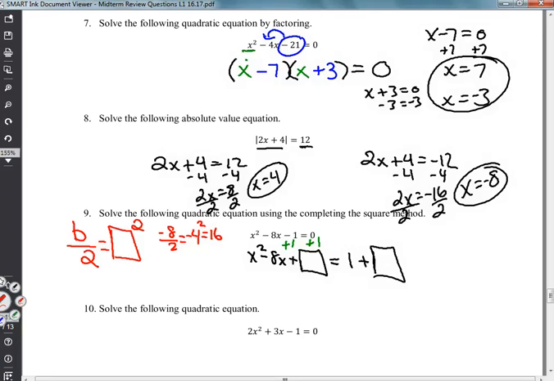So now, what I just figured out is what number I need to add to both sides so I can now factor this easily. So now I'm going to factor the left side and get x minus 4 times x minus 4, and add the right side, which means 17. So again, this number here is always going to be this number there.